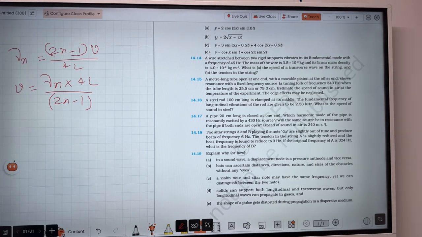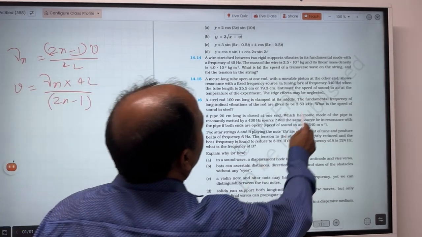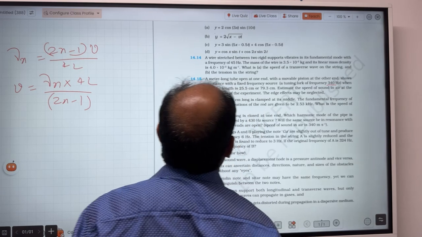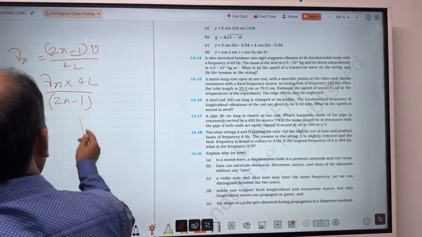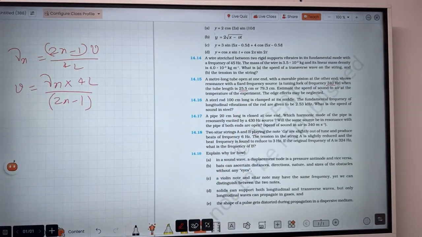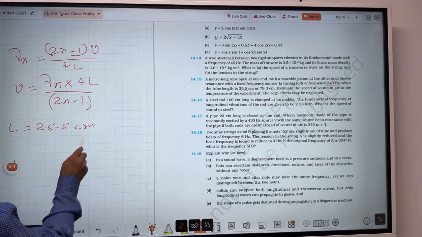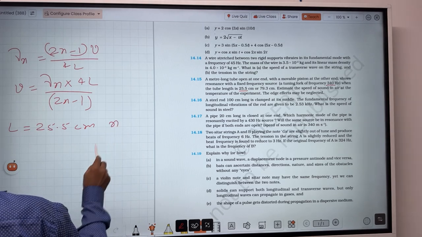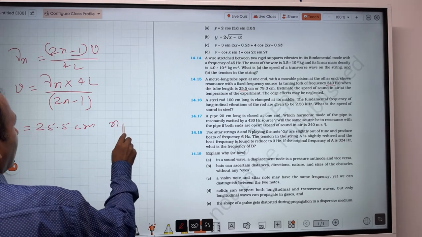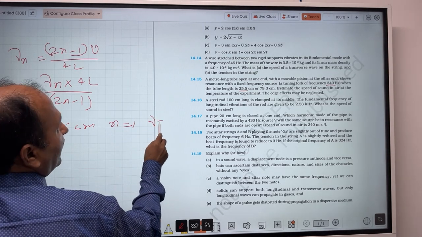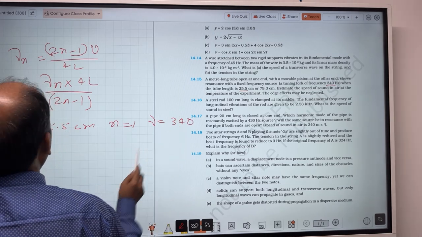And here we can put the values. N1 equal to 1; in our question some information is given here. We can take this length for this value. So we are taking L equal to 25.5 centimeter, n as 1, and frequency as 340.